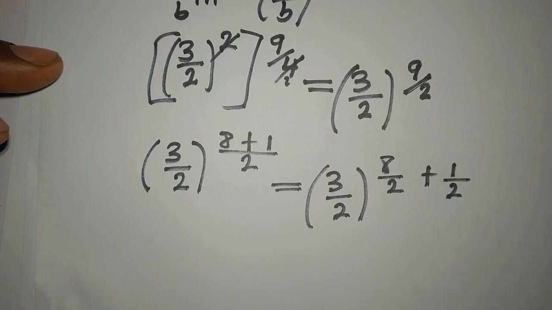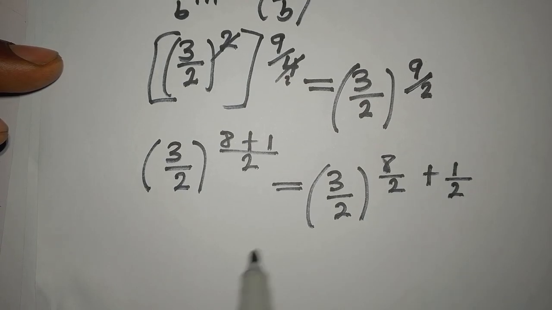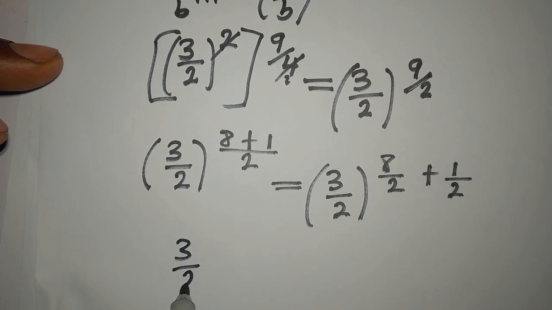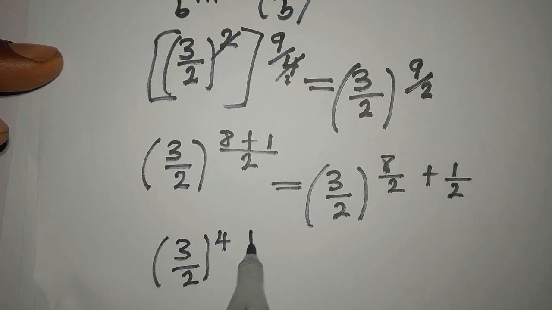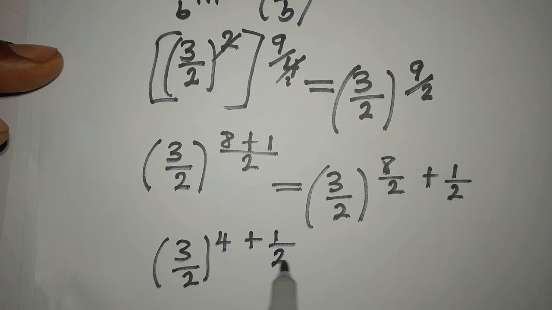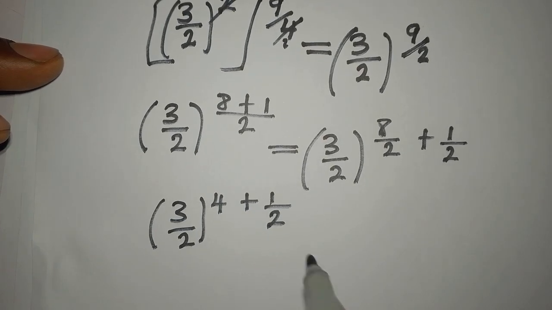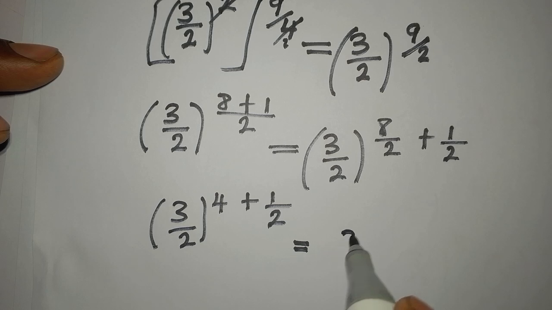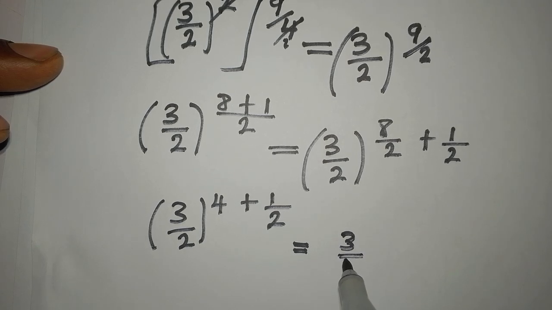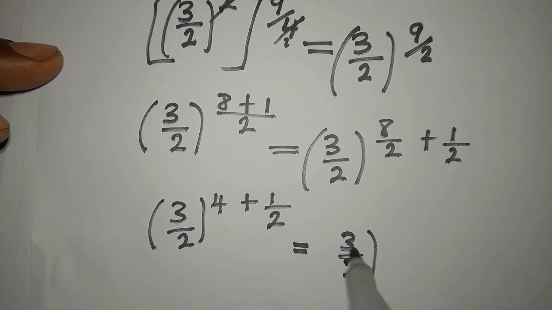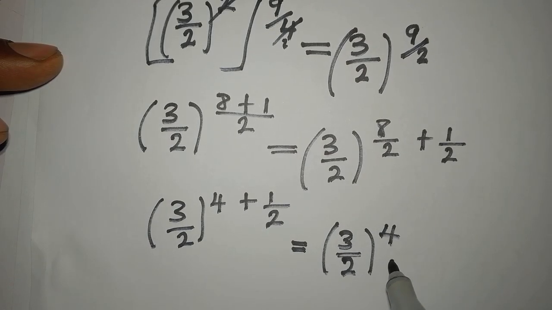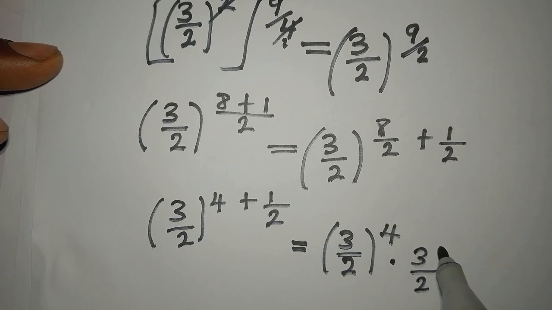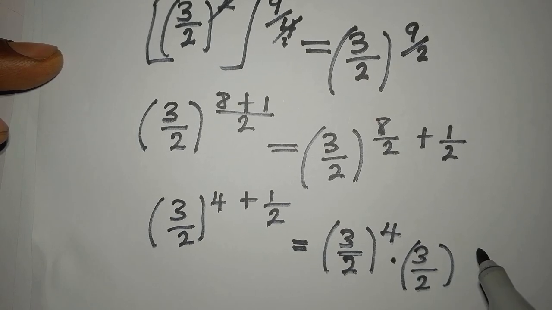Now, what do I have to do? Let's divide this first. So we get 3/2 raised to the power of 4, plus 1/2. Now, do you know that this will be the same thing as (3/2)^4 multiplied by (3/2)^(1/2)?